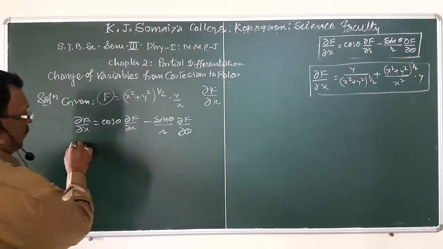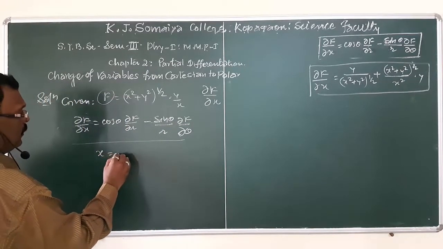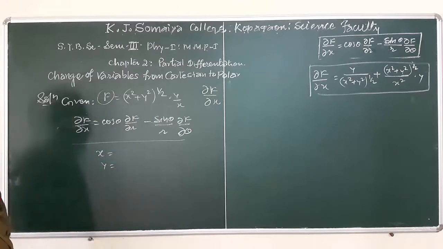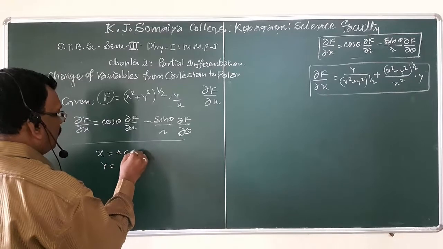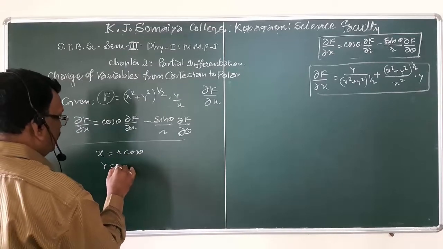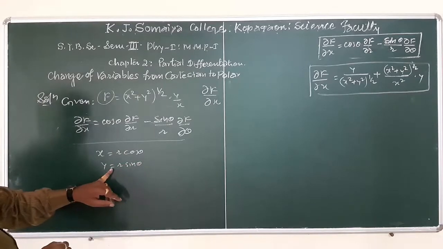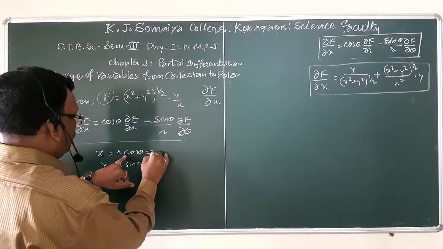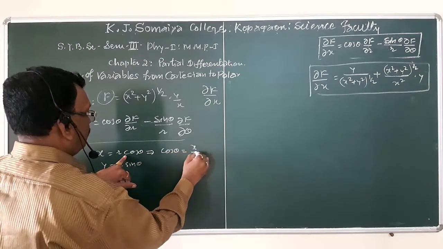So before this, x and y are related to polar coordinates r and theta: x is equal to r cos theta and y is equal to r sin theta. From this relation, we can write cos theta is equal to x upon r.